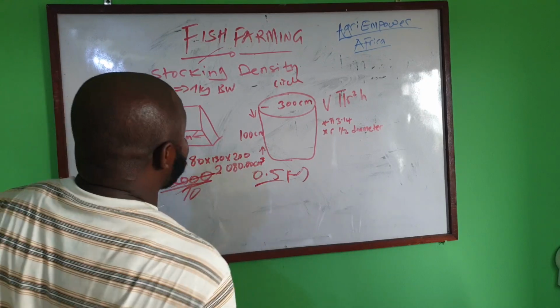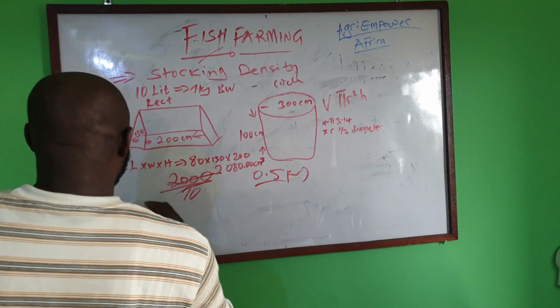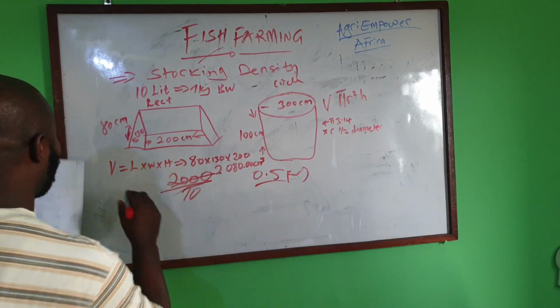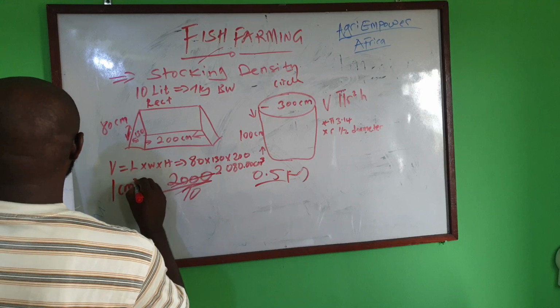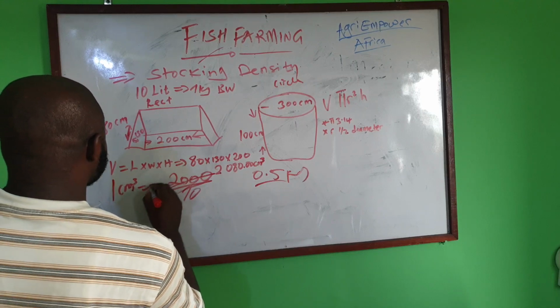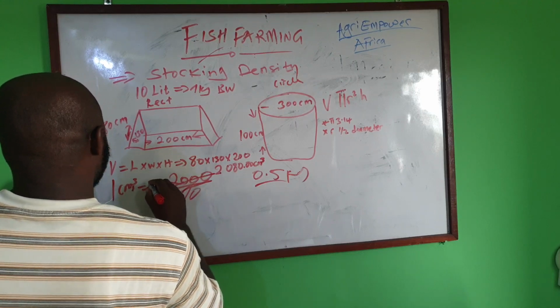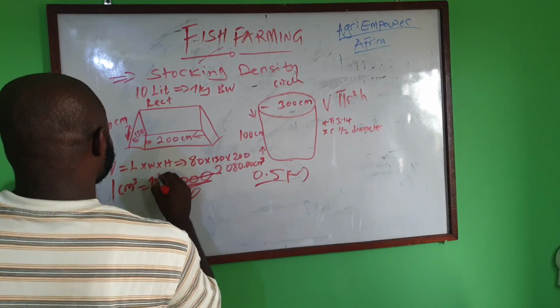Then, of course, you need to convert it. We all know that 1 centimeter cube is equal to 1 milliliter.